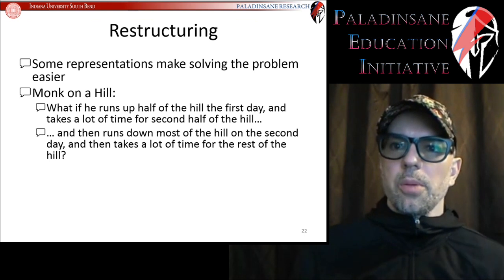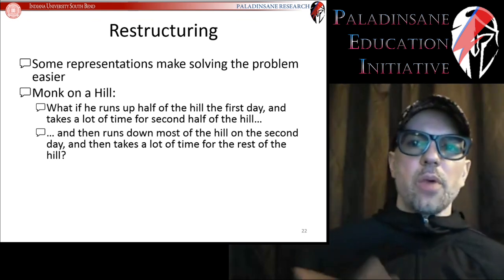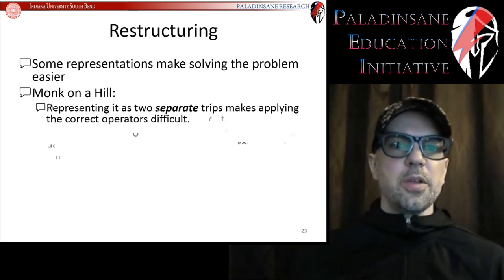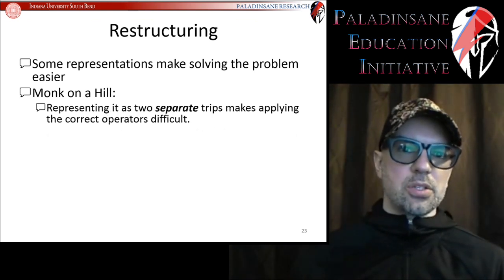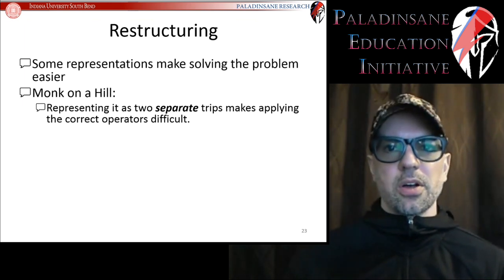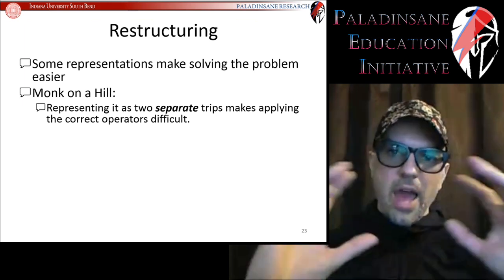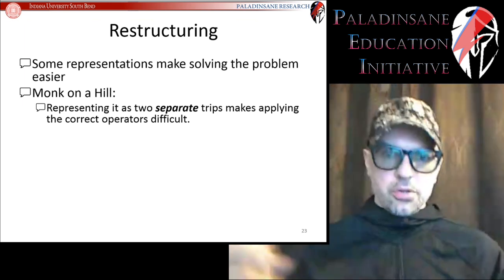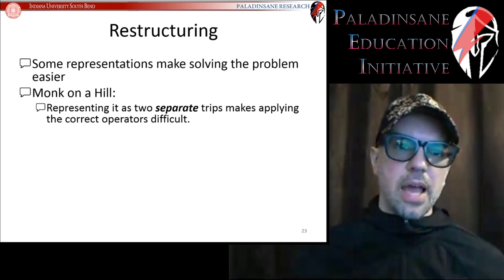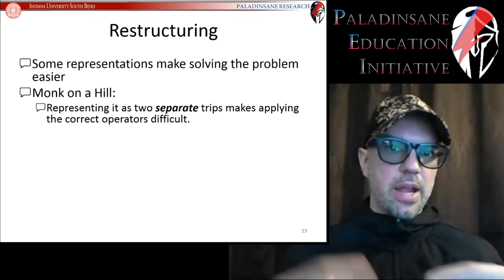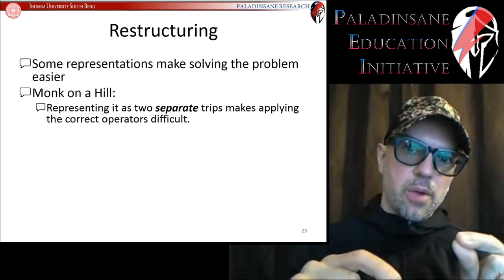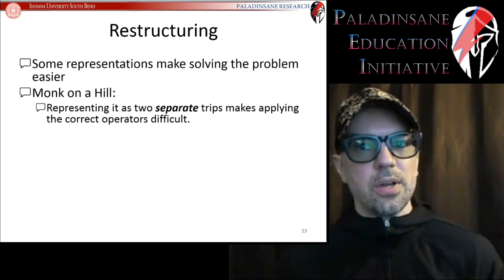All right, so we're back. So here's the restructuring aspect of this problem. If you represent this problem as two separate trips, it makes applying the correct operators difficult. What that means is that if you have it represented as two separate trips on 2 separate days, day number 1 goes up, day number 2 goes down, it makes applying the right operators, the right moves, the right processing of your representations difficult to do.